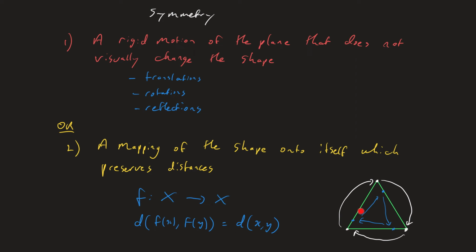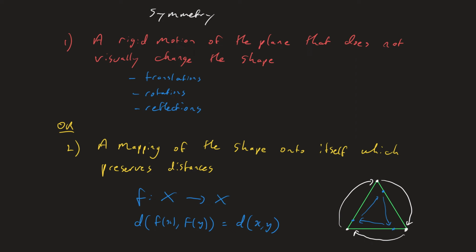So if we have, for example, this triangle here, then we want a mapping that will tell us, given any point on this triangle, where does it get mapped to. An example of a mapping would be one that sends this vertex here to this vertex, sends this vertex here to this vertex, and sends this vertex here to this vertex, and sends this point on the side to this point, and this point to this point, and this point to this point, and so forth.